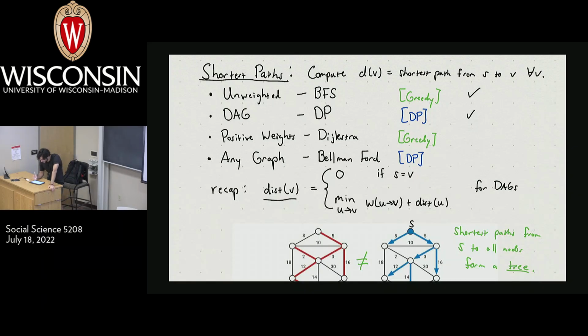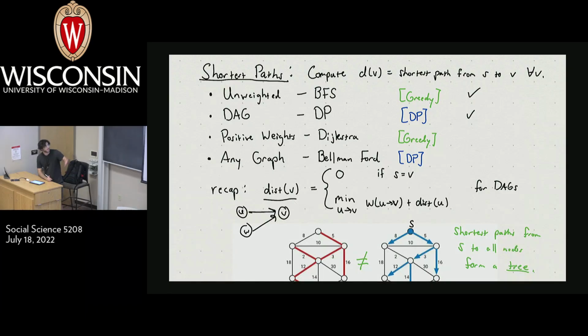Otherwise, you look at all possible ingoing edges into V. And you're going to pick the best path recursively, which will be the distance to get to U, and then the weight of moving from U to V. And you're just going to try all possible incoming edges. So that's what we did before. That's how you do it for DAGs.